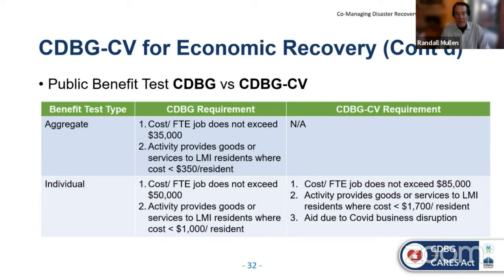The aggregate being for the entire program of economic development, and individual benefits being those that are enjoyed by the business that receives assistance. HUD waived the aggregate benefit test entirely and raised the individual benefit test. Specifically, the cost per full-time equivalent, or FTE job, is a maximum of $85,000, as shown on this table.